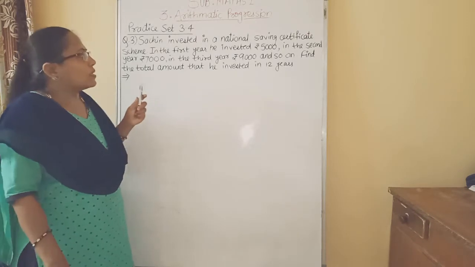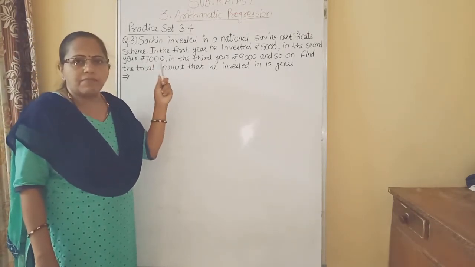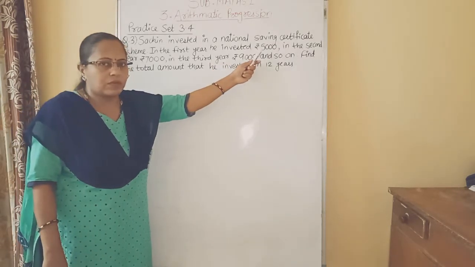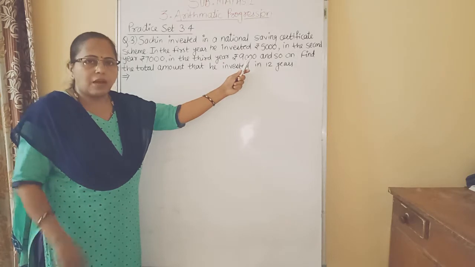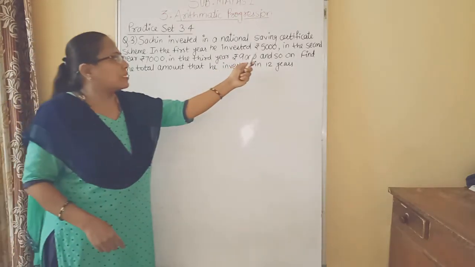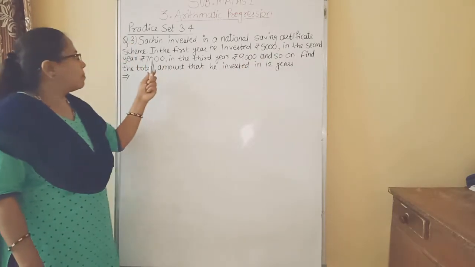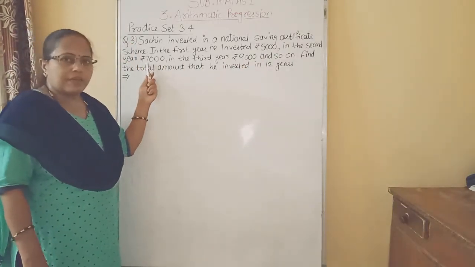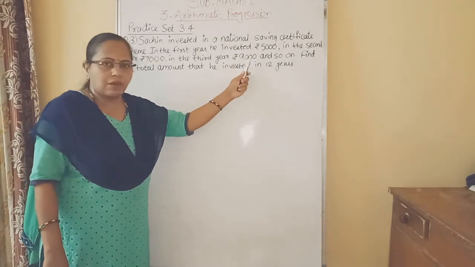Okay. Now students, Sachin invested in a savings scheme, and the first year he invested 5,000, second year 7,000, third year 9,000 and so on. So if you observe his investments, you can see that 5,000 plus 2,000 is 7,000, 7,000 plus 2,000 is 9,000.